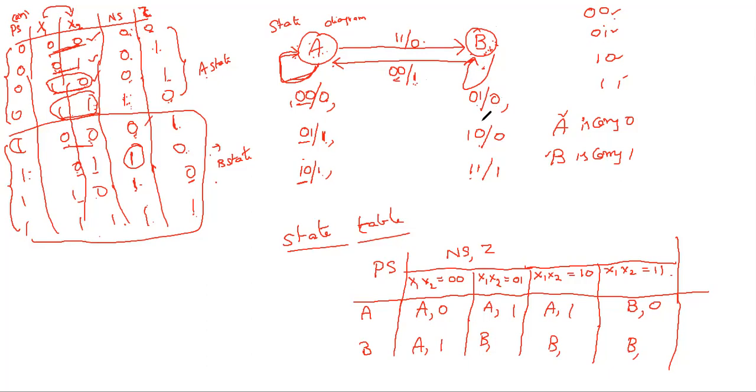For the rest: 0, 1, 1, 0, 1, 1. So this is the state table of the serial adder. This is the state diagram of the serial adder.